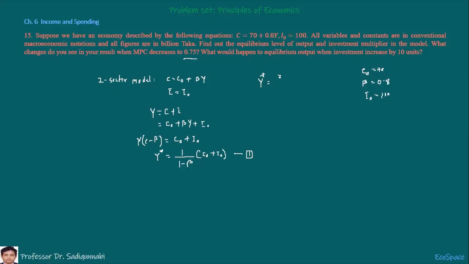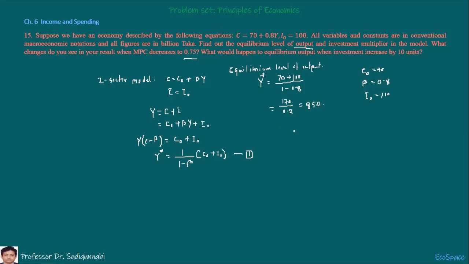So from equation 1, we see that 70 plus 100 divided by 1 minus 0.8, which is equal to 170 divided by 0.2, which is equal to 850. So this is our equilibrium level of output.